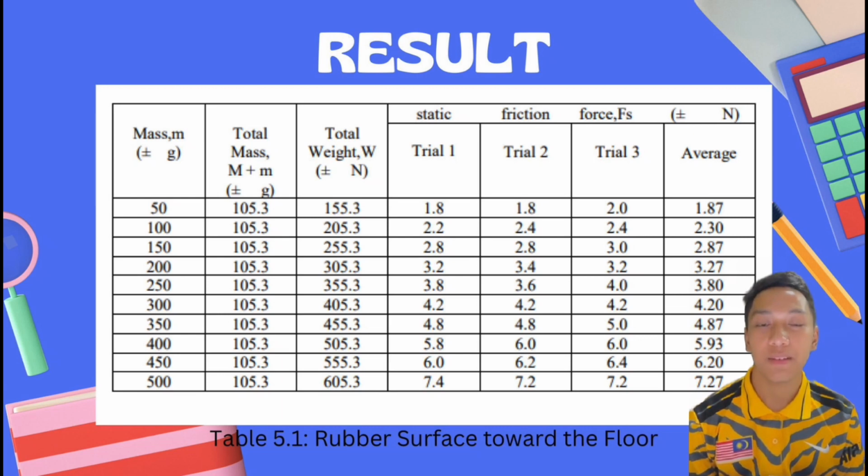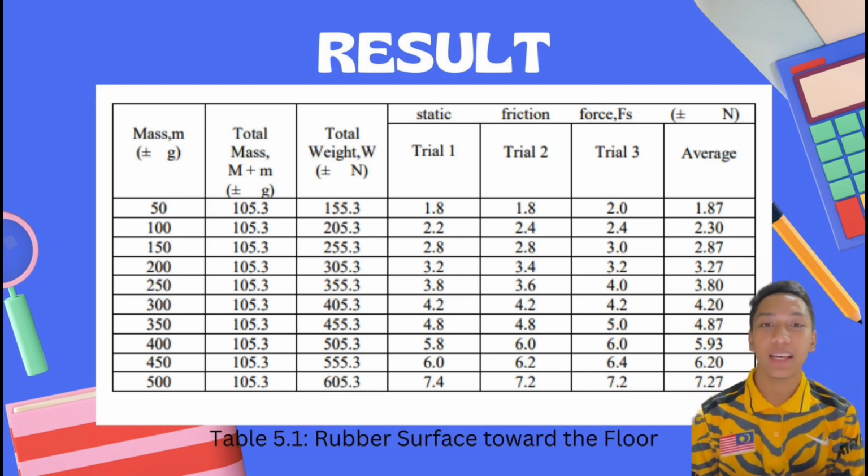For the first example, mass equals 50, total mass is 105.3, total weight W is 155.3, trial 1 is 1.8, trial 2 is 1.8 also, and trial 3 is 2.0, and the average is 1.87.